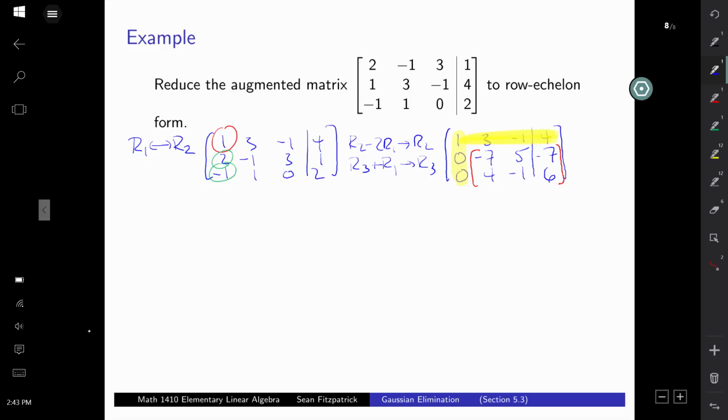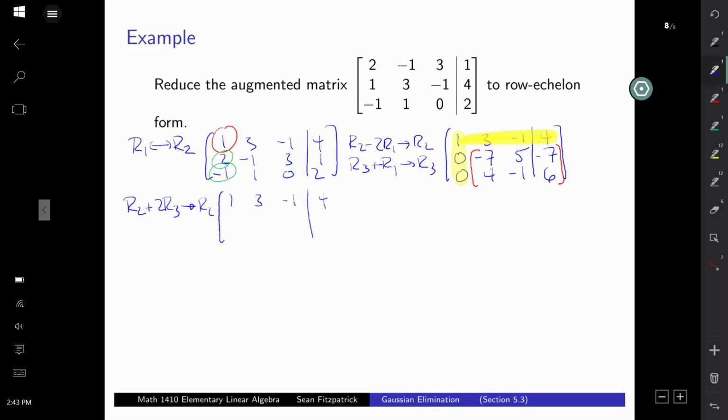So this row operation, doing row 2 plus 2 row 3, oops, and making that my new row 2, is technically a deviation from the algorithm that you would give a computer.